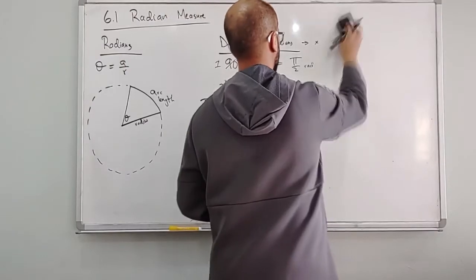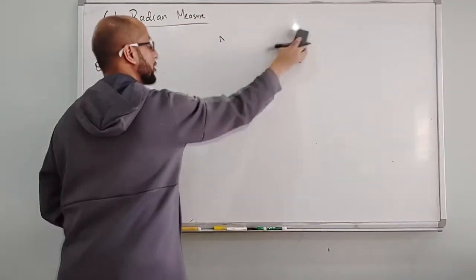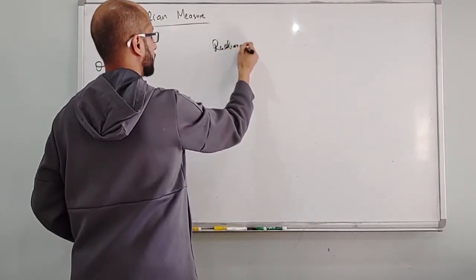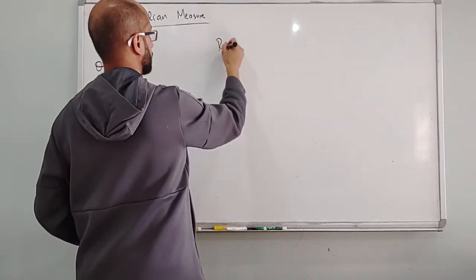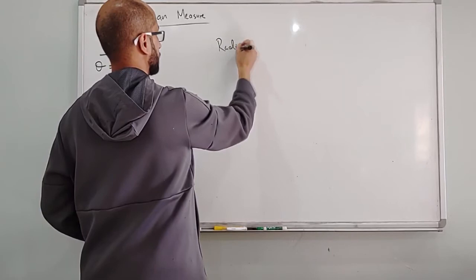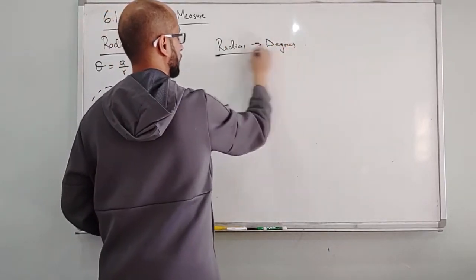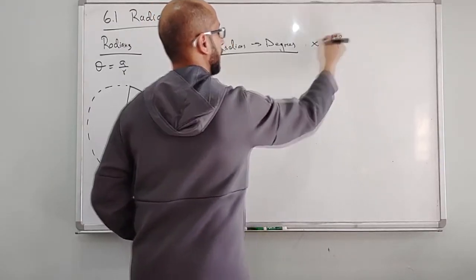So you can always divide by the number, and you can divide 180 by that, which we're going to use now to do the second part, which is how do you convert from radians to degrees? The simple way is to multiply by 180 over pi.